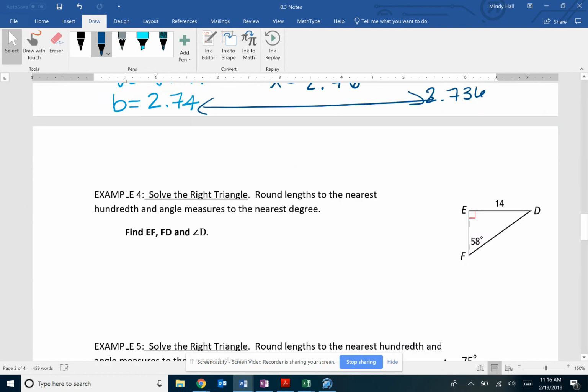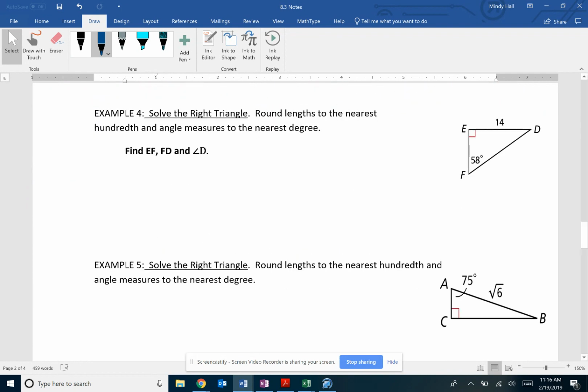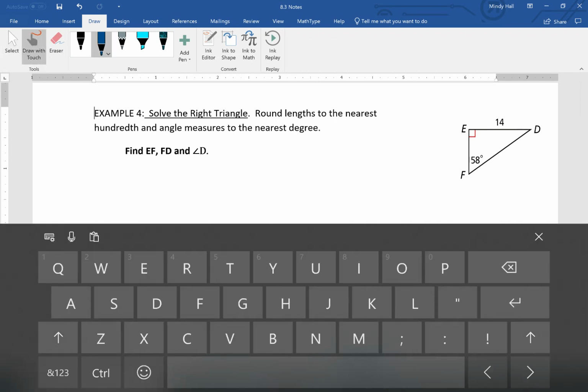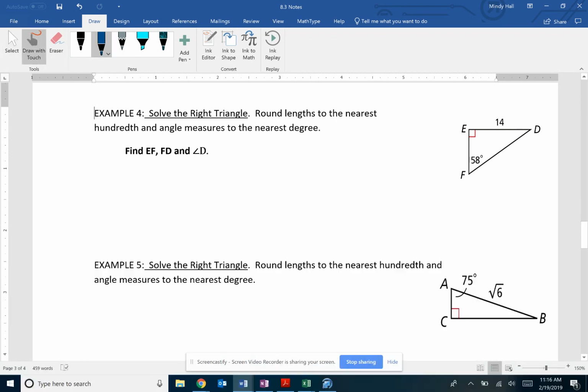So we're going to solve this right triangle. We need EF, FD, and angle D. Finding angle D is actually kind of the nice one. So measure of angle D, EF, and FD.